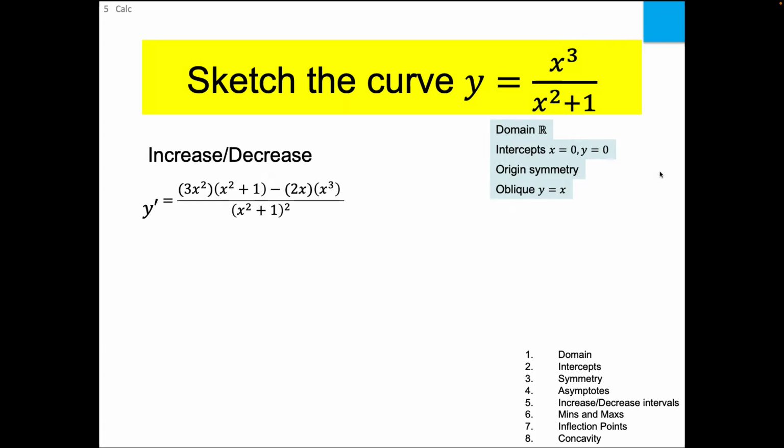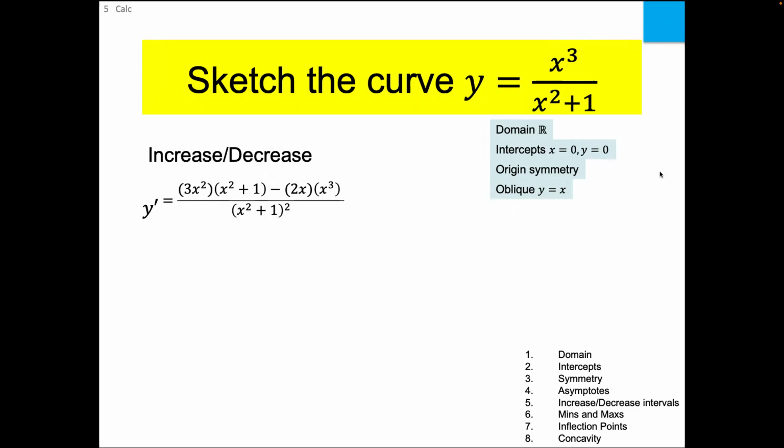Distribute 3x squared. You said distribute, we agreed, and then I asked what you're trying to do. Not putting it into, that's division. Distribute. We're multiplying. What are we multiplying? 3x squared times x squared plus 1. So do that.